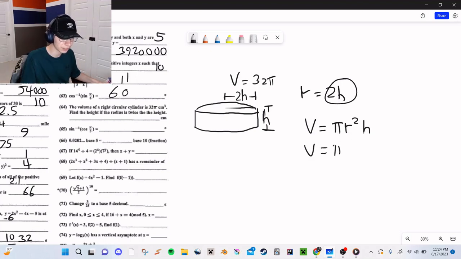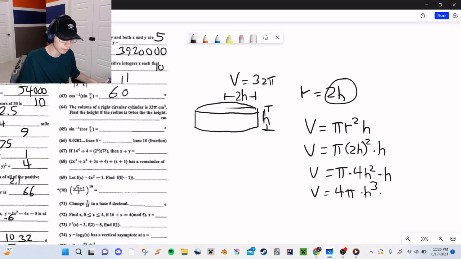Instead of r squared, we have 2h squared. So volume is equal to pi times 4h squared times h. We simplify this a bit more, we get 4 times pi times h cubed is our volume.